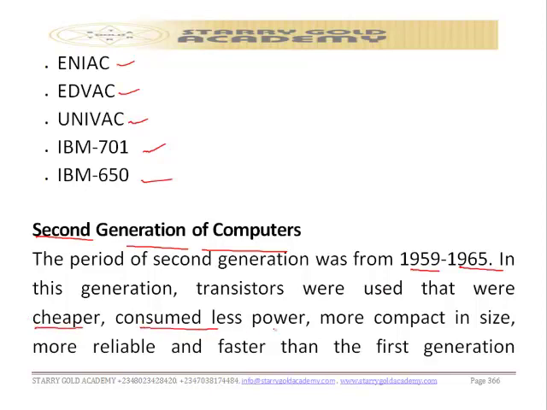They consumed less power and were more compact in size. That is, the computers were more compact. They were more reliable and faster than the first generation.